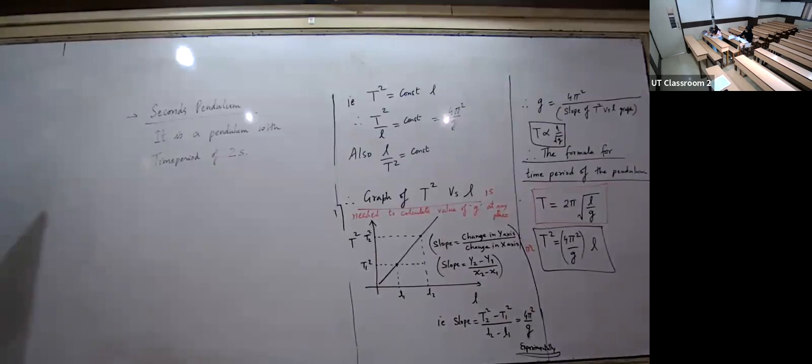In 1 second, you have 40 by 60 oscillations.